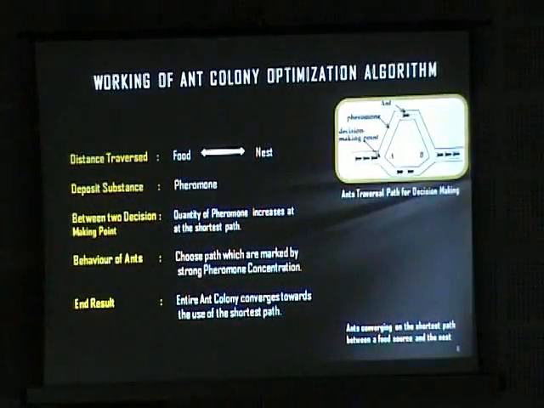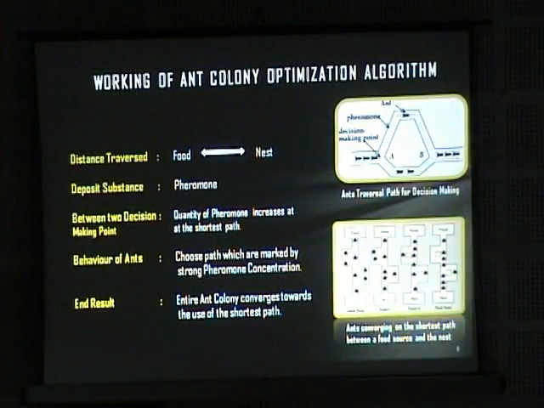Now let's see the working of the ant. We can see in the diagram above that when we are talking about an ant, the ant travels from the food to the nest, from the nest to the food and vice versa. During the path, they deposit a substance called pheromone.